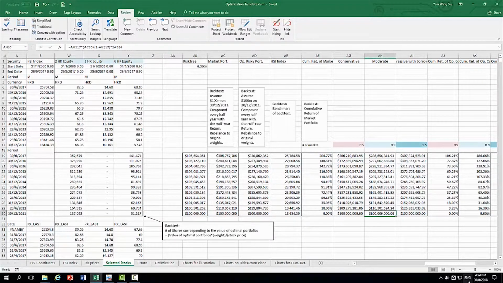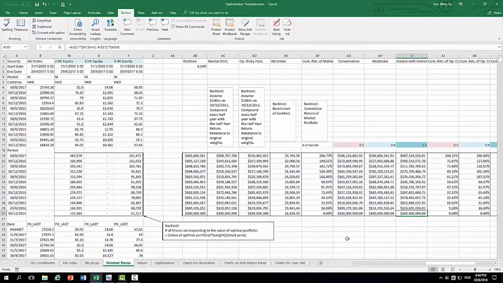For moderate investor, he would put 90% of his money into the market portfolio and 10% of the money to risk-free rate. So here is the size of the portfolio for moderate investor.